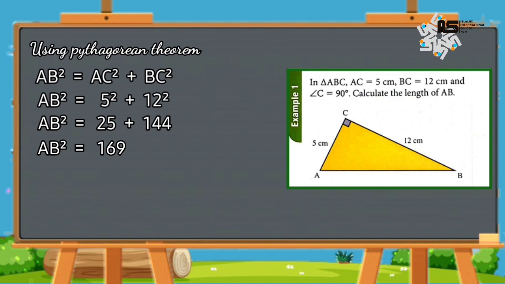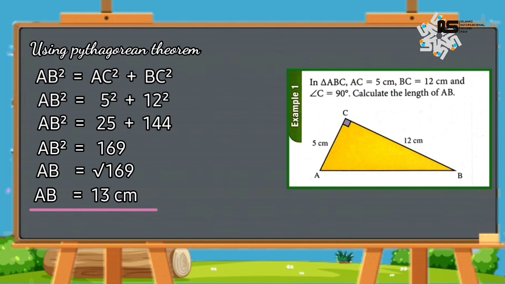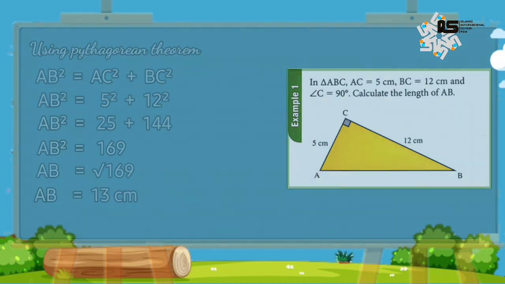Because AB square is equal to 169, so AB is equal to the square root of 169. This is 13. So the length of AB is equal to 13 centimeters.